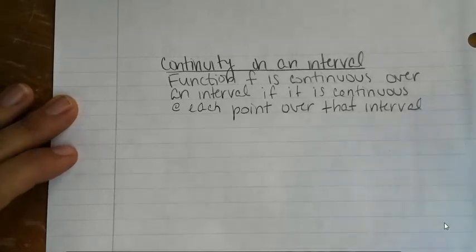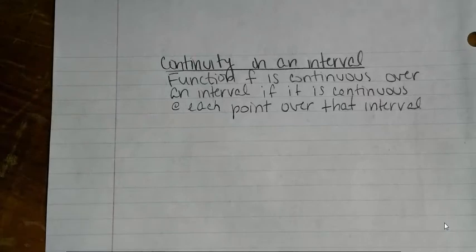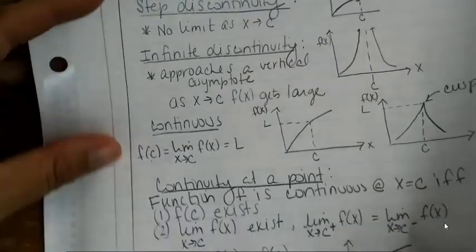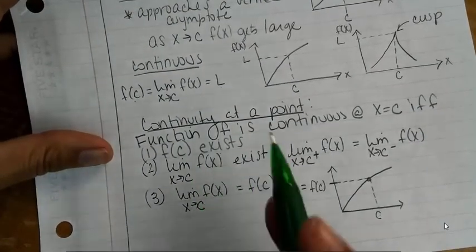So it has to be continuous at every single point, which means it will satisfy all three parts of the definition of continuity at a point at every single point within an interval.